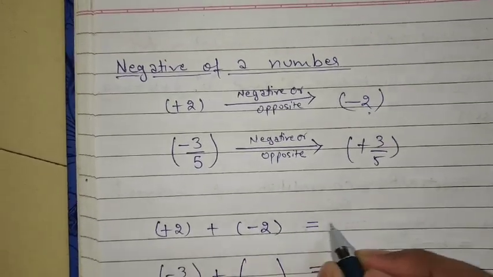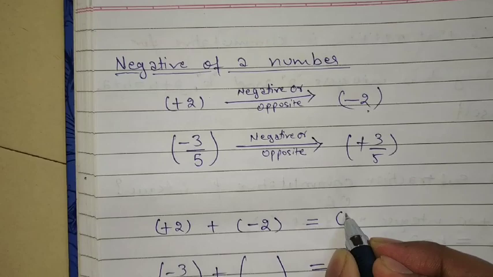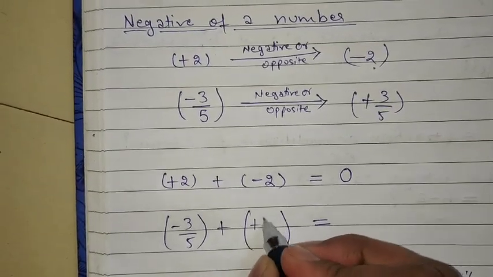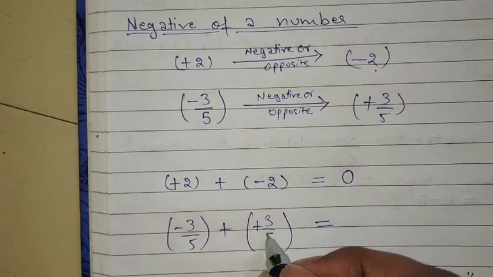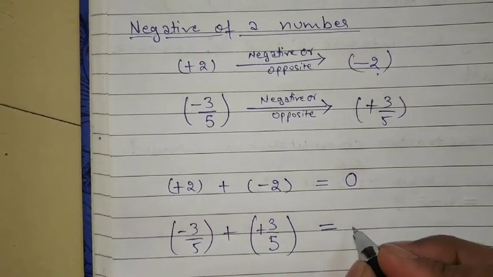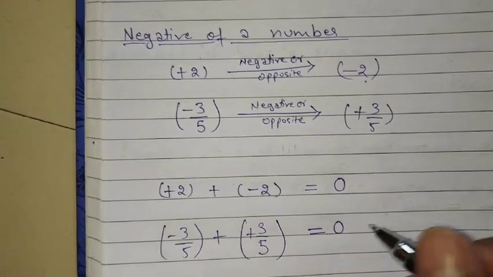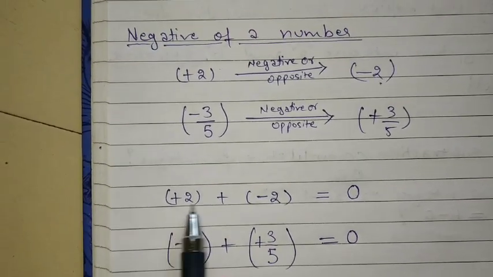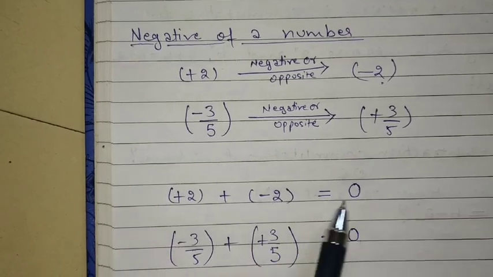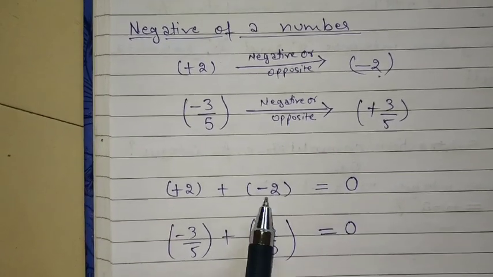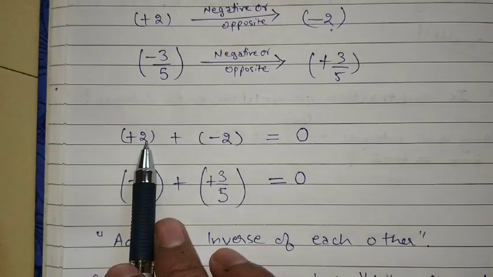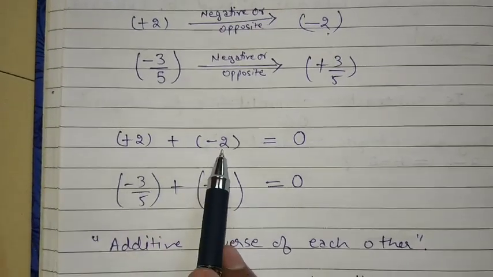On adding these two, what will we get? We will get 0. Now again minus 3 by 5 and plus 3 by 5, on adding these two we will again get 0. So what we saw is that on adding a number with its opposite or negative we get 0. Thus minus 2 is additive inverse of 2, and 2 is additive inverse of minus 2.